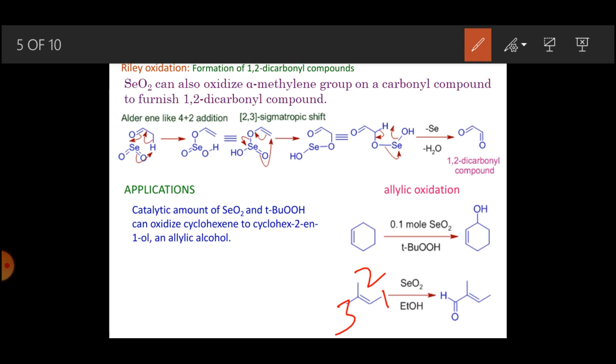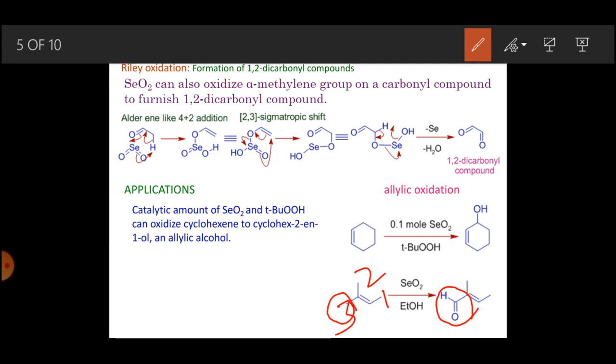However, preferentially selenium dioxide oxidizes only one position out of these three, and gives the corresponding carbonyl compound. This example highlights two important aspects of this reaction. First, the regioselectivity, and second, the stereoselectivity.